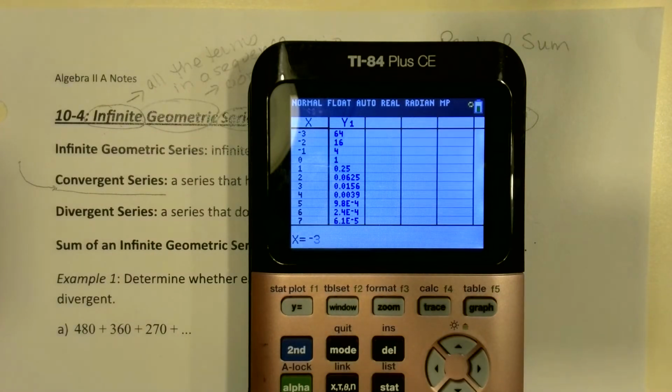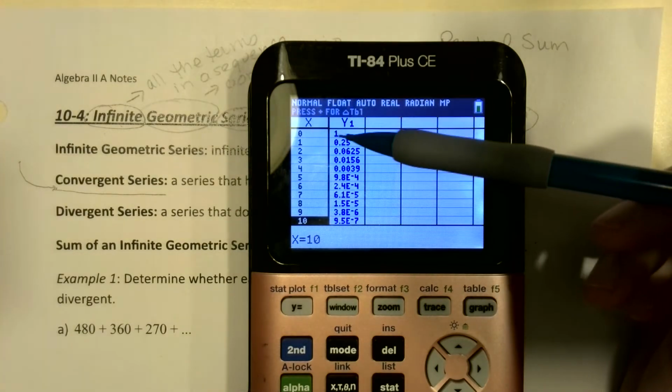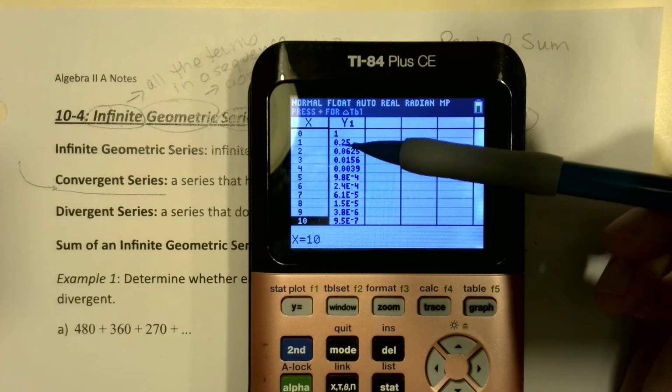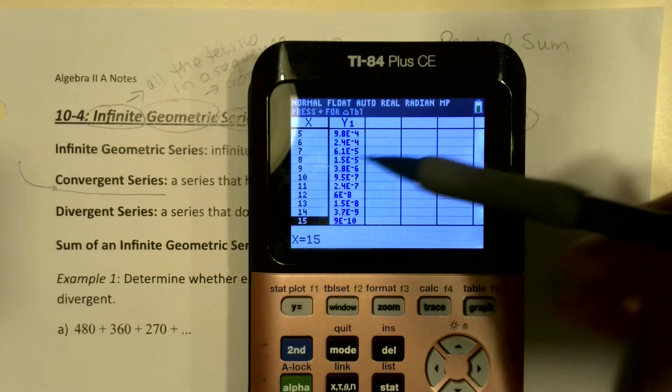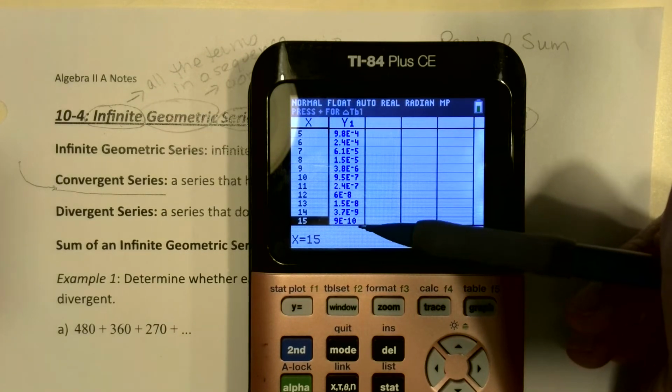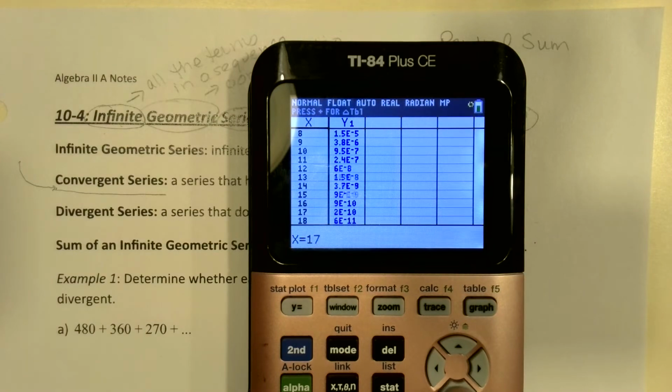If I go into my table and look at what happens, our sequence would start at 1.25, and as we go up through our sequence, these scientific notation numbers get increasingly smaller, so these are numbers that are closer and closer to 0.